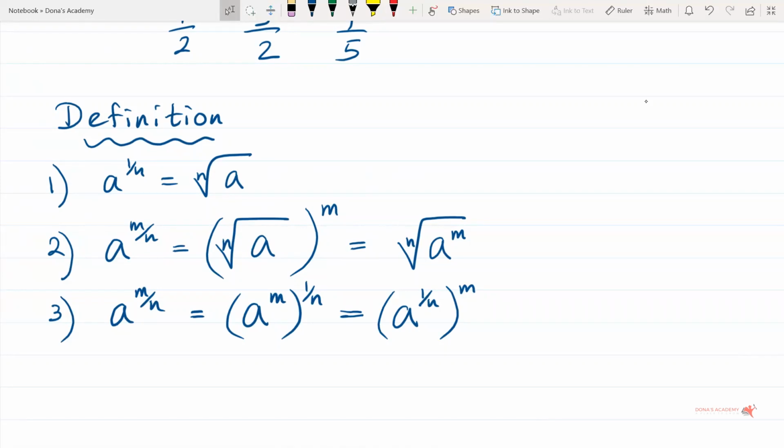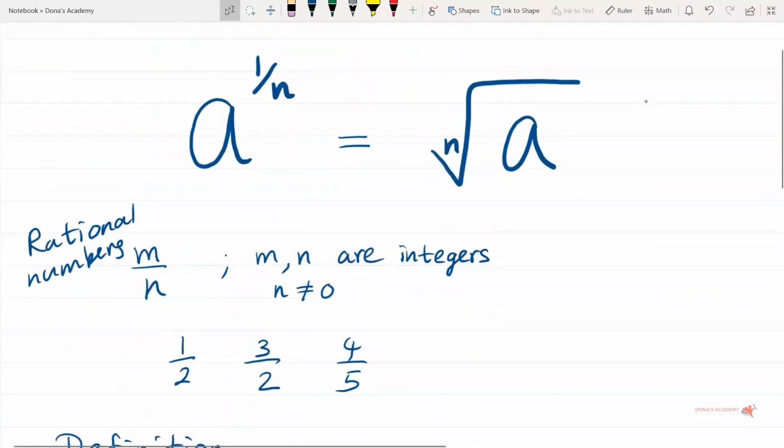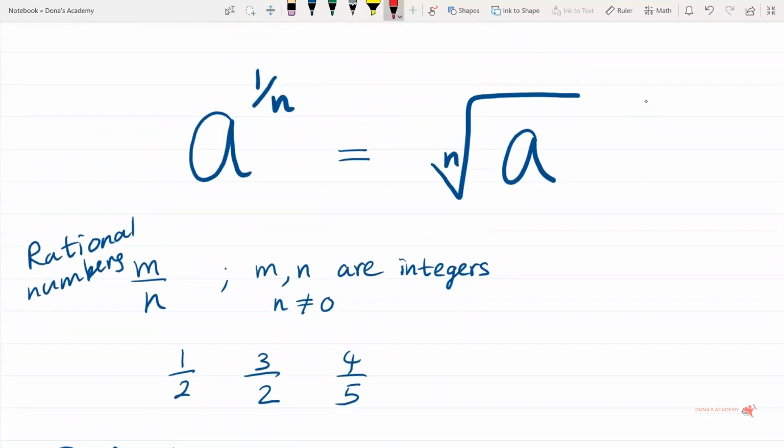They are exactly the same. The laws are the same. You can use the same set of laws, same set of definitions, and same set of rules. So what was the definition for simplifying expressions with positive integers? Not the radical thing, right? Don't mix these things, even though these two are the same.